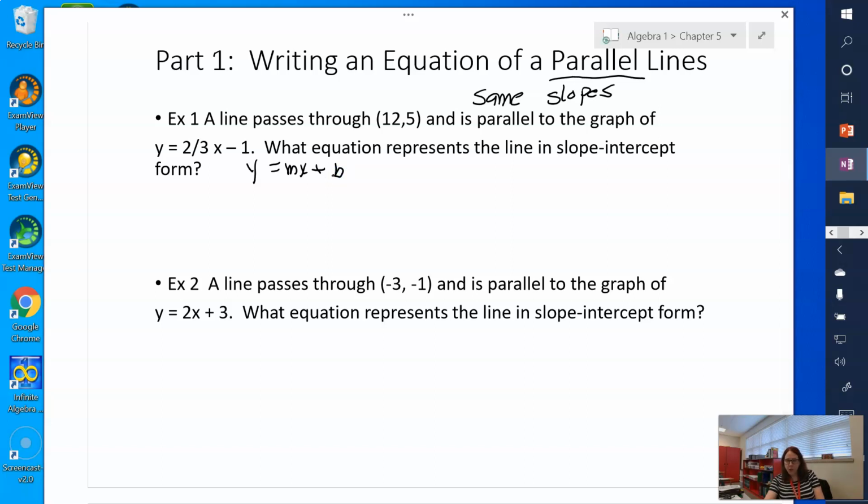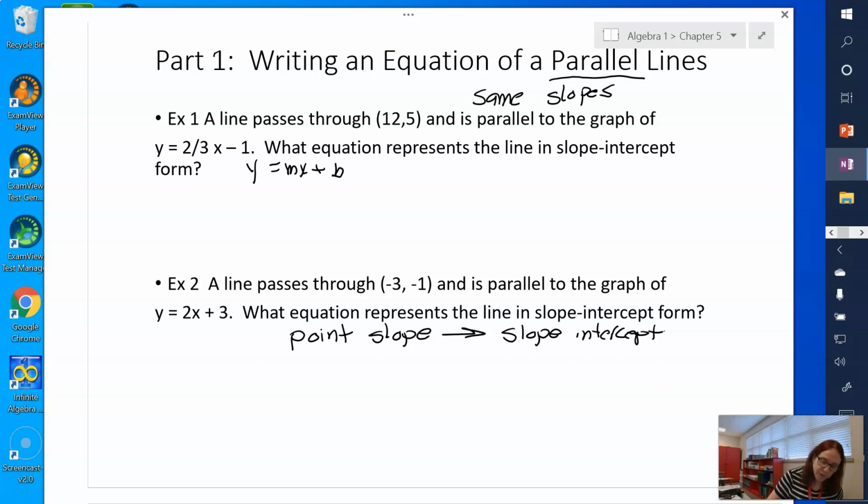Option 2 is to start in point-slope form and convert to slope-intercept. And I'll do that option on the second example. That way you can see it both ways. If I do not tell you which method to use, you are free to choose either way.